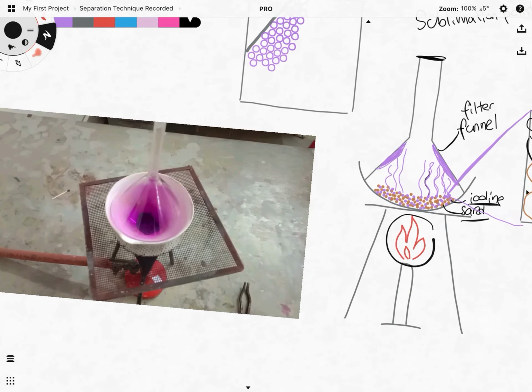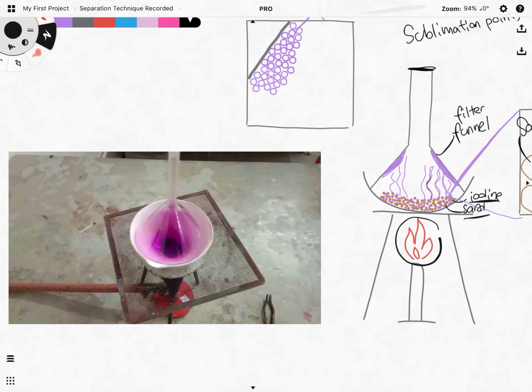This is what the setup actually looks like. Here you can see again this white ceramic bowl. This is what we call the evaporating dish. You've encountered this before. It's made out of ceramic, so it can withstand quite high heats.